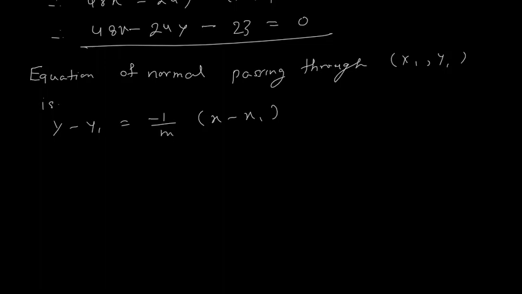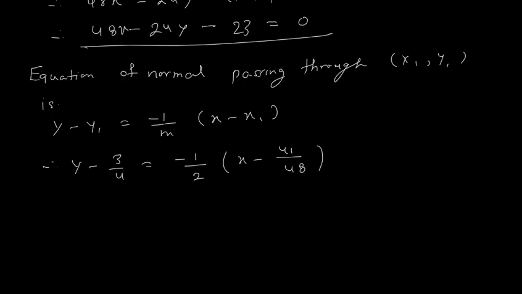So therefore here we will get y minus 3 upon 4 is equal to minus 1 upon 2, and here we have x minus x1, that is 41 upon 48. So if I find the LCM, let us first bring this 2 on this side.